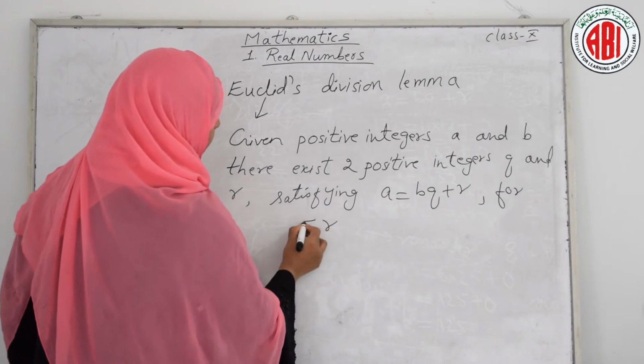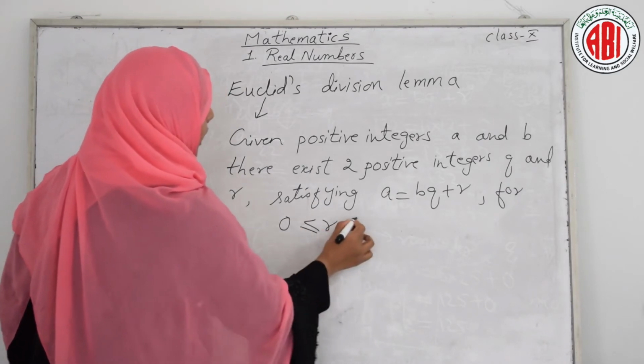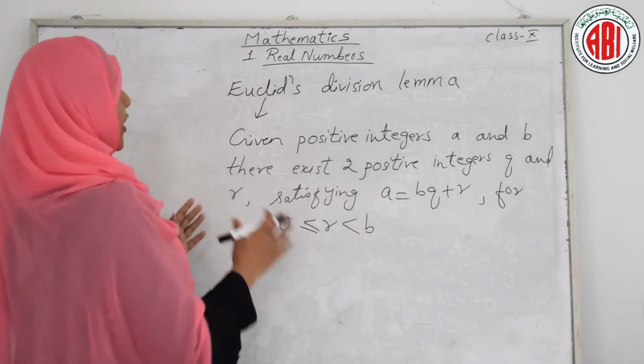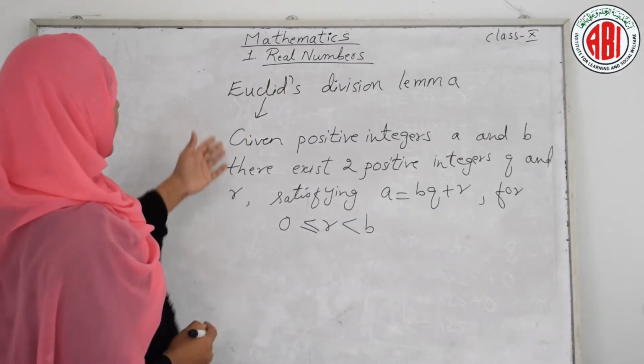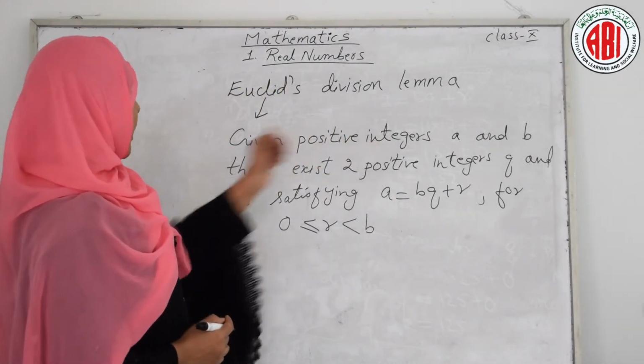That means R is greater than or equal to 0 and it should be less than B. This is the condition.